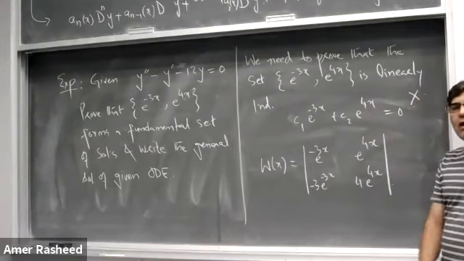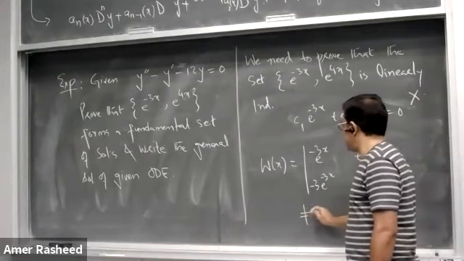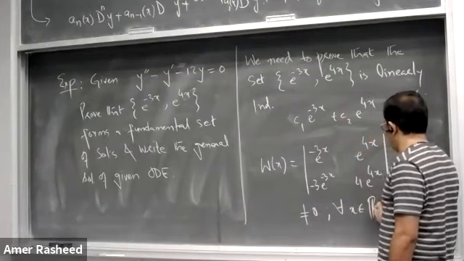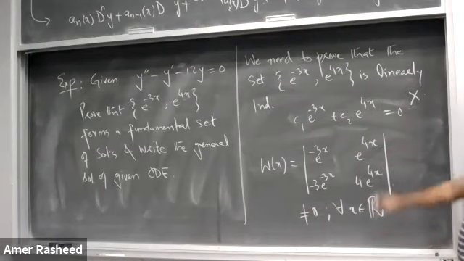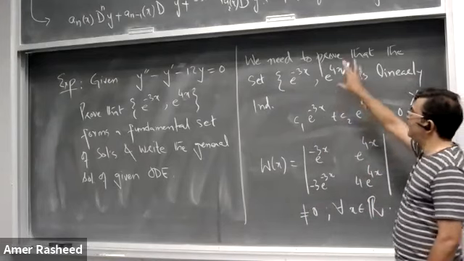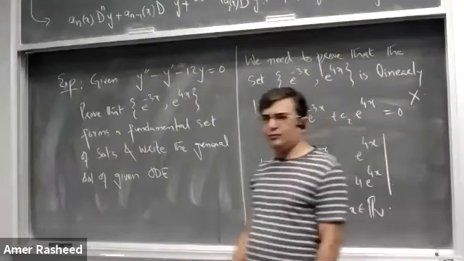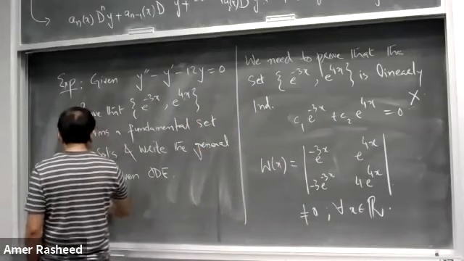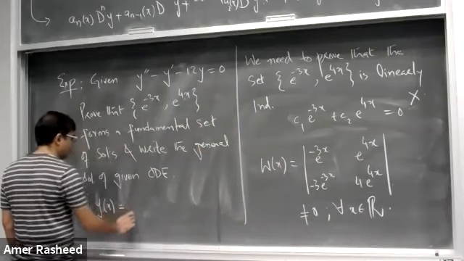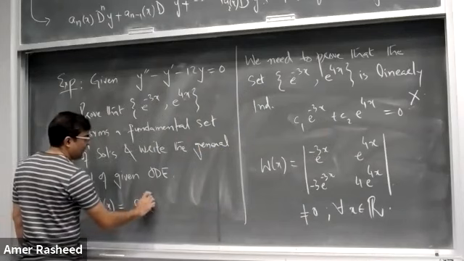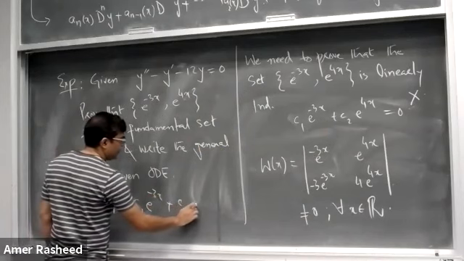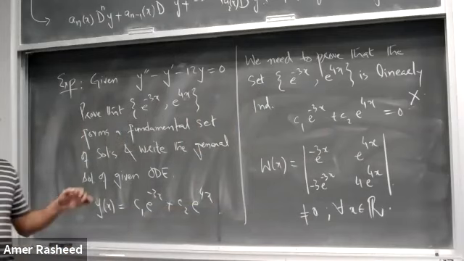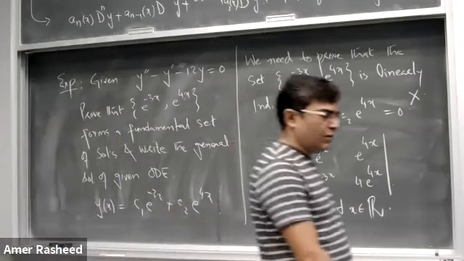Now, you can see that this Wronskian is non-zero for any value of x belongs to R. It means that these two functions are linearly independent and the set forms a fundamental set of solutions. Then the general solution is y of x equal to C1 e raised to the power negative 3x plus C2 e raised to the power 4x. So this is our general solution of the given ODE.